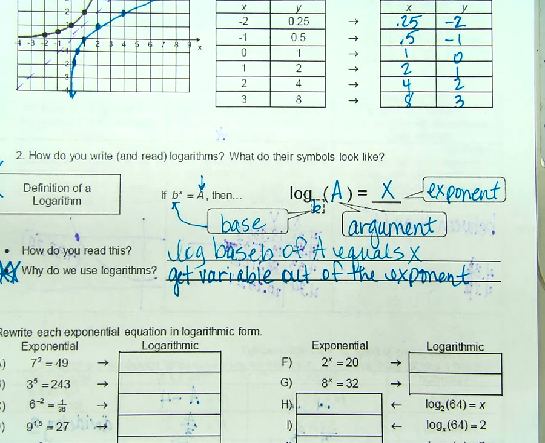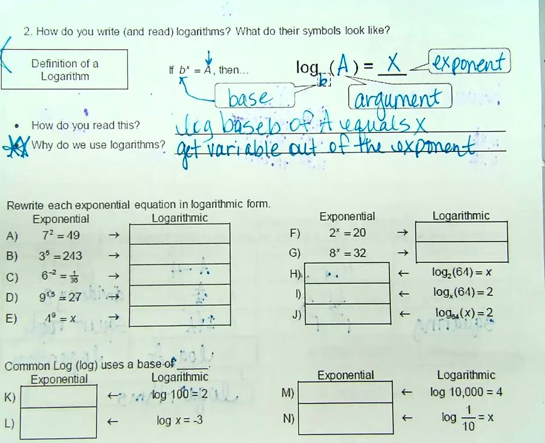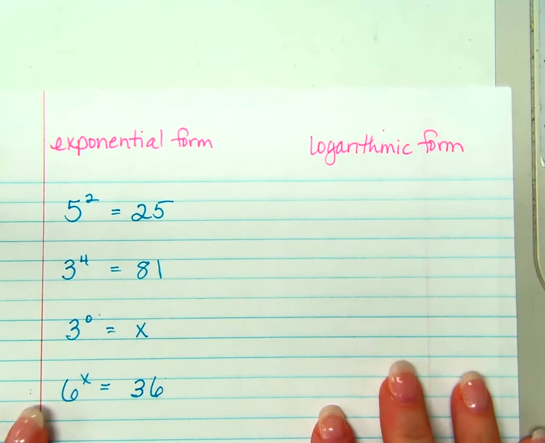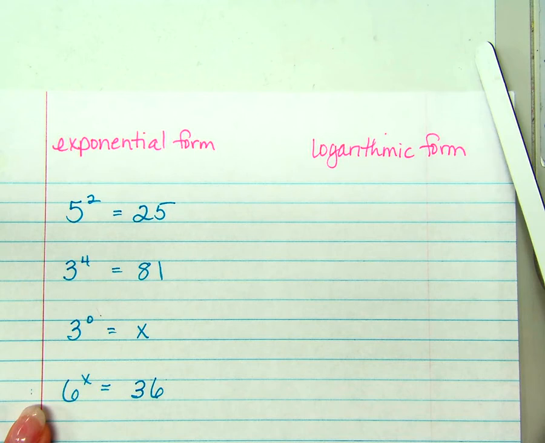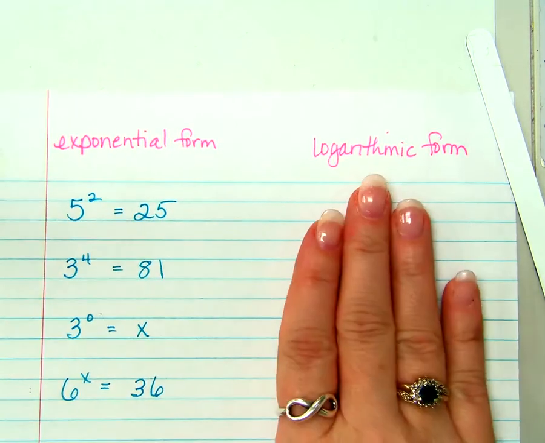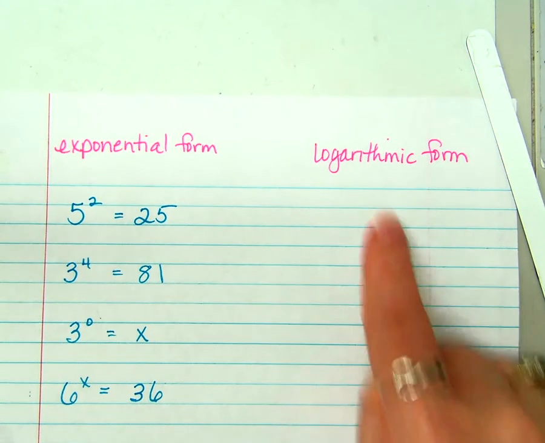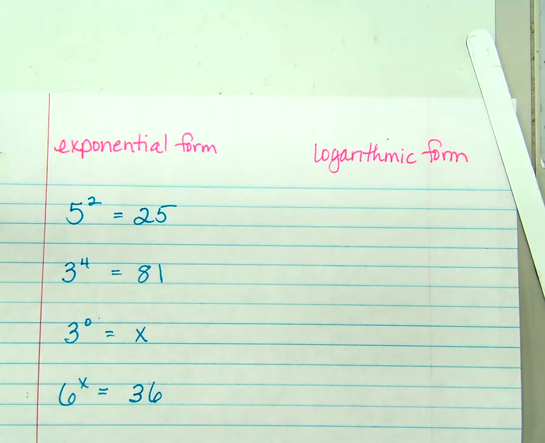The problems on the bottom of that page, A through N, are your homework. Okay? Those are your homework. I would like to give you some sample problems before I let you go on your homework. This is exponential form, this is logarithmic form. Can you write these exponential form problems into logarithmic form?